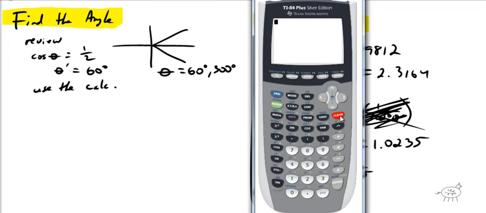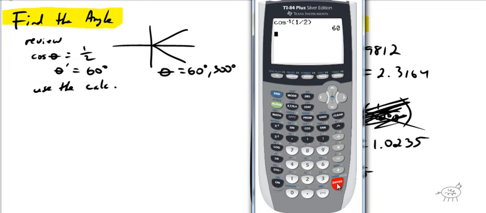Basically, the calculator is good at finding the reference angle. So what we're going to do is say inverse cosine. We hit second cosine, that's your inverse cosine, and we're going to do 1/2. So just what I did manually. Watch, inverse cosine of 1/2. Hit enter. There you go.